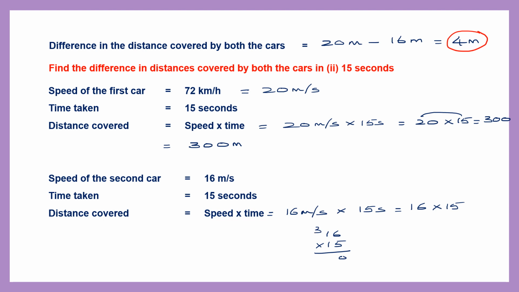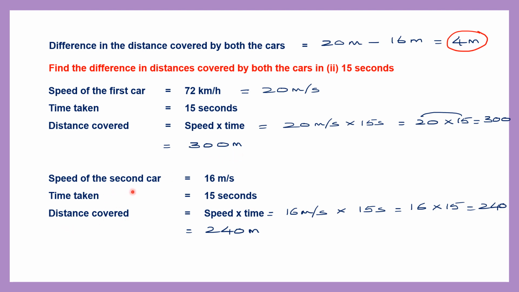Carry 3. 5 1s are 5, 6, 7, 8. 1 6 is 6. 1 1 is 1. So here 0, 4 carry 1. 8 plus 6 is 14. Carry 1. 1 plus 1 is 2. So this is 240. And so that will be 240 meters.